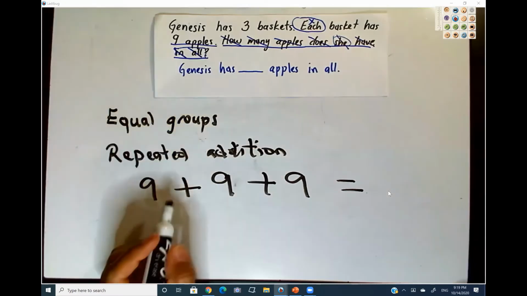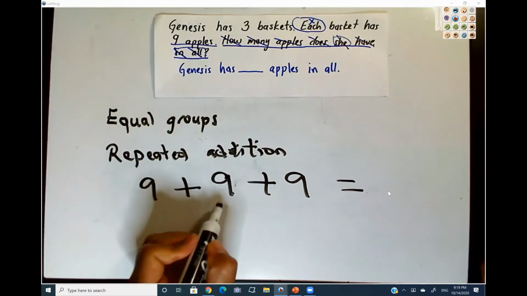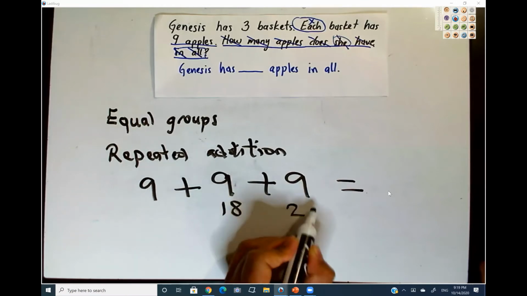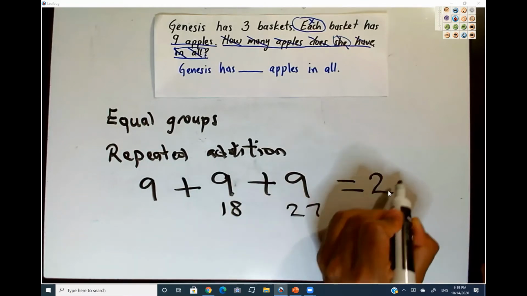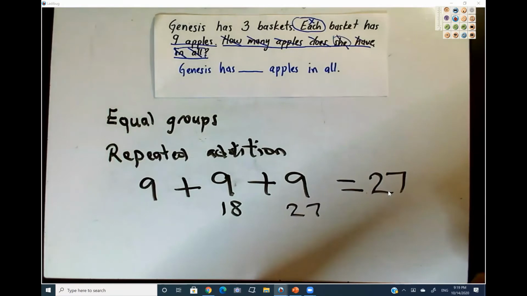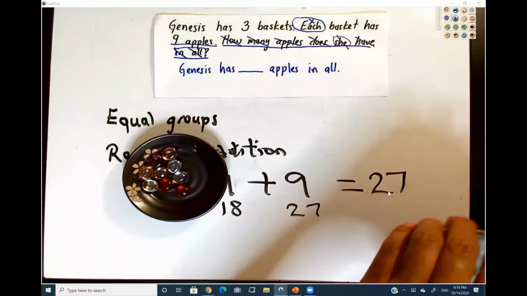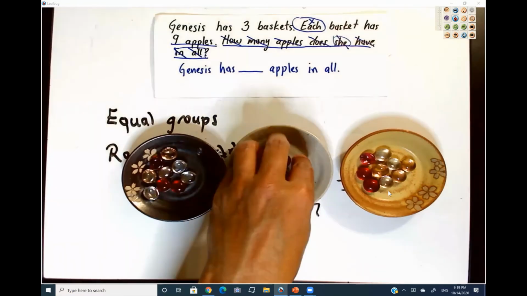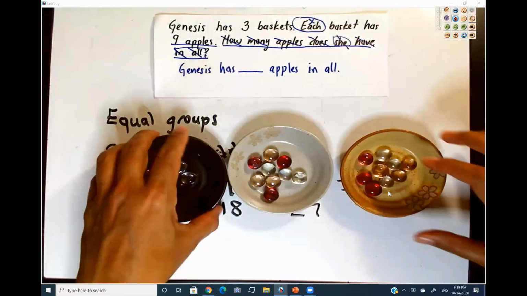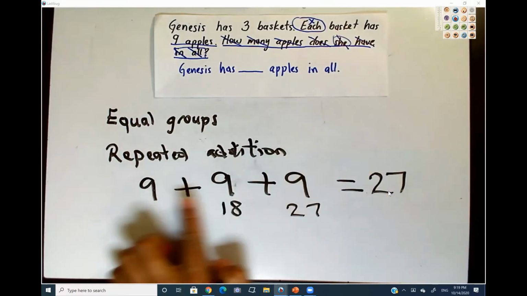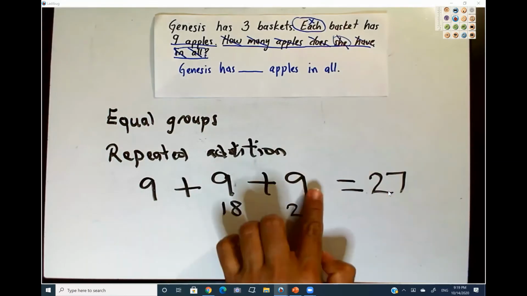And I'm going to do partial additions. 9 plus 9 is 18, and 18 plus 9 is 27. So the answer is going to be 27. Now at this moment we did 2 representations. One is called equal groups, so when you draw the groups and you count them, 9 plus 9, 18, plus 9, 27. Or you can represent the same problem using repeated addition, 9 plus 9, 18, and 18 plus 9, 27.